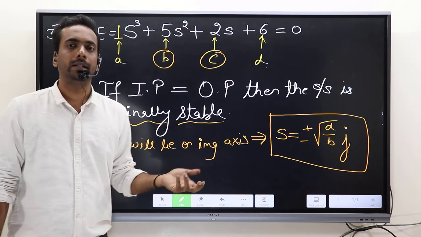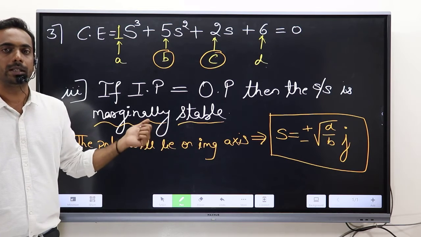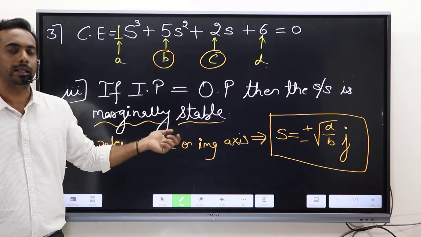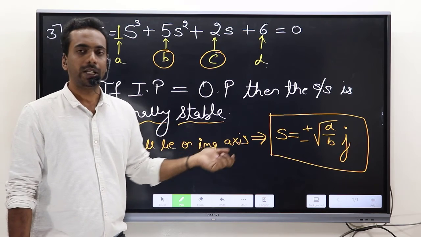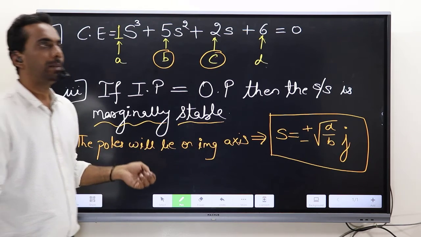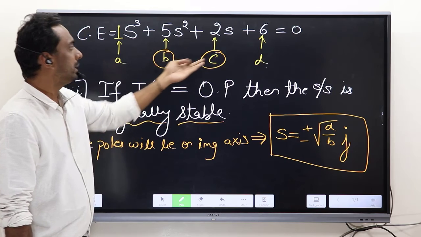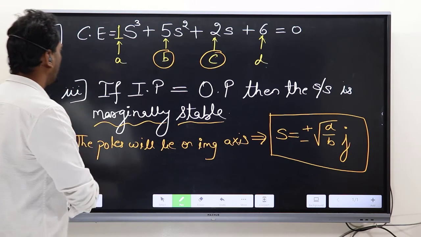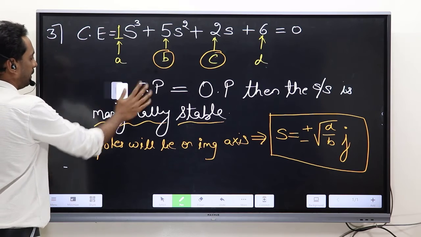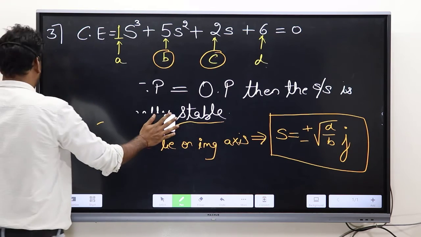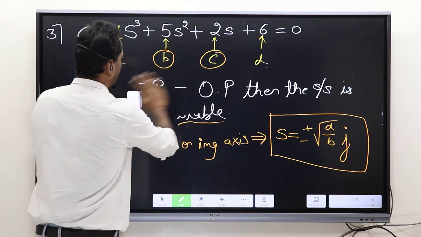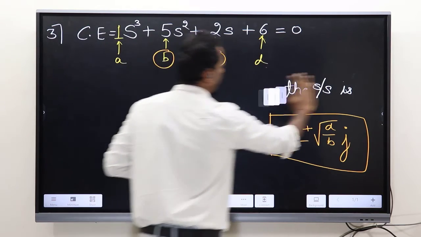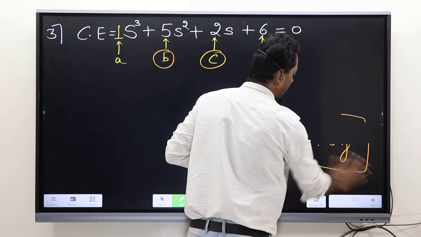If both are the same, then the system is marginally stable, and the poles will be at S equals plus minus j under root D upon B, which is nothing but the coefficients. Now since we know the trick, can we solve this question by using this trick which I just showed you? Yes, of course you can solve.